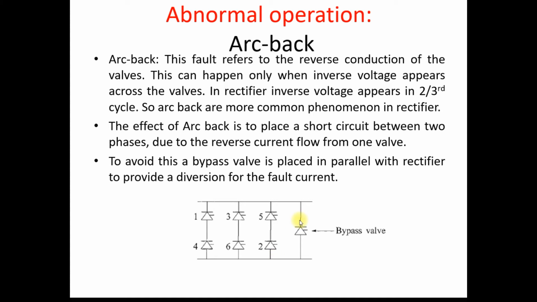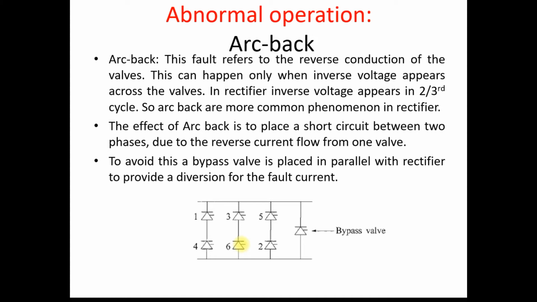When we transfer from the bypass valve back to the main valves, the gate pulse for the bypass valve is removed, and the control circuit again provides gate pulses to all the main valves. Current is transferred from the bypass valve to the main valves. In this way, we can protect the converter against arc back.